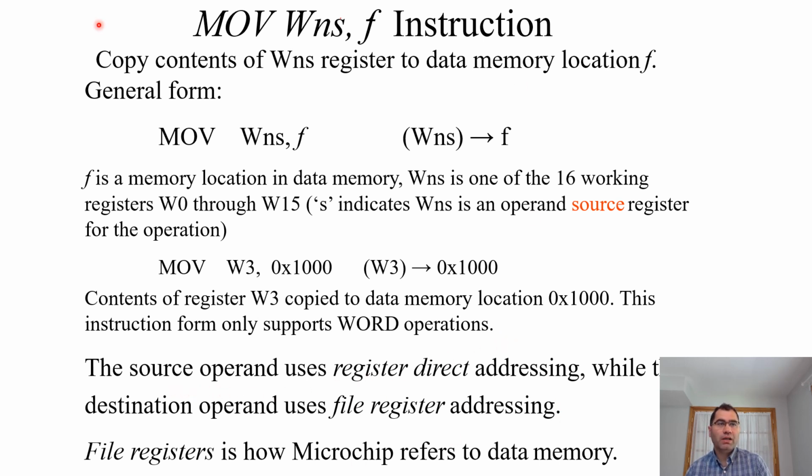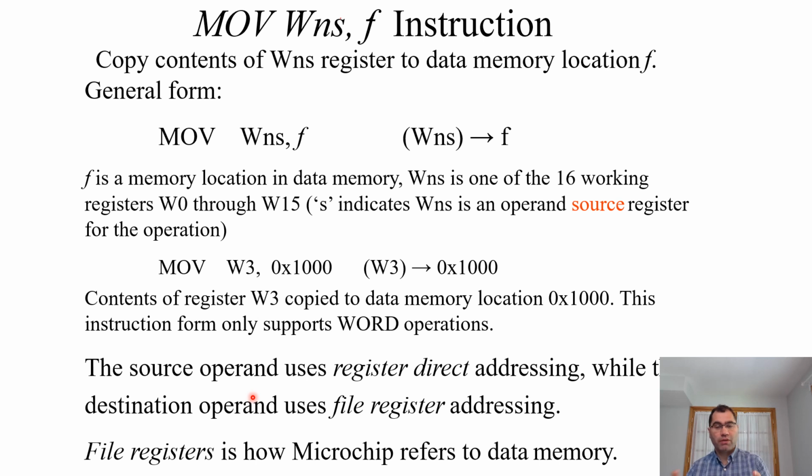Again, here the source operand uses register direct addressing, while the destination operand uses file register addressing. File register, or F, basically means a memory location in data memory. It actually says the same thing here: file registers is how Microchip refers to data memory.